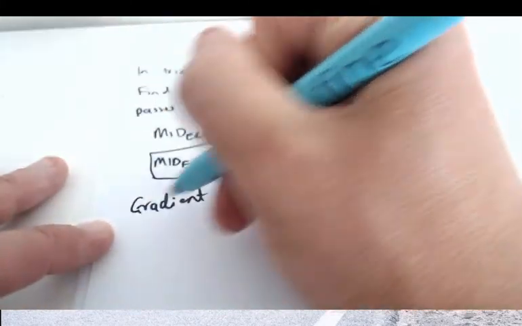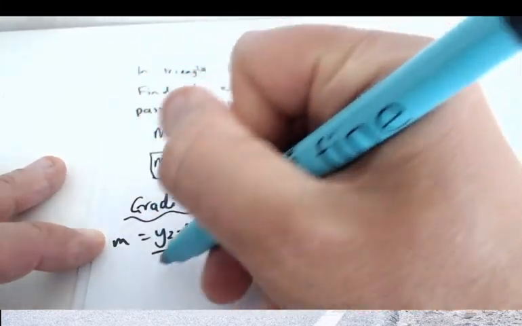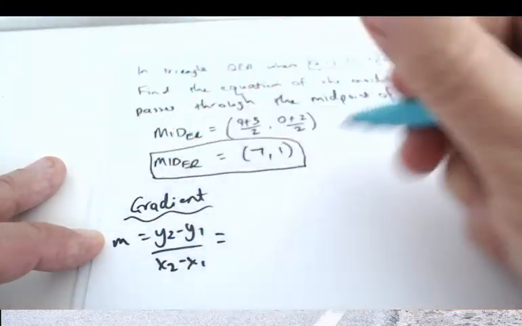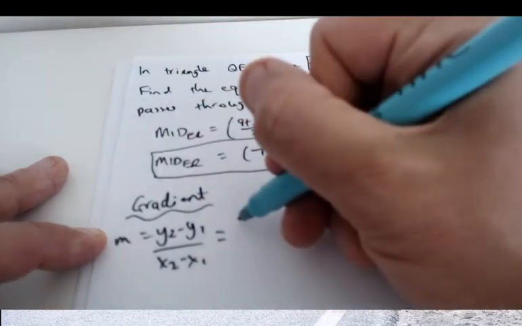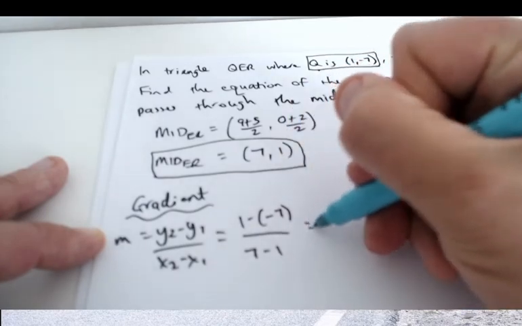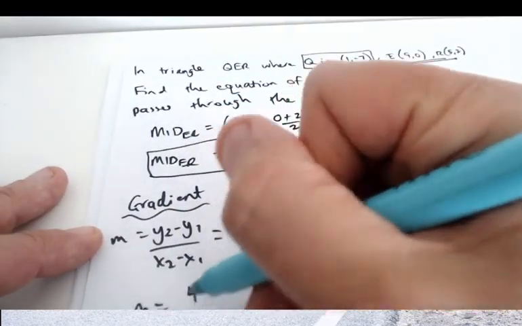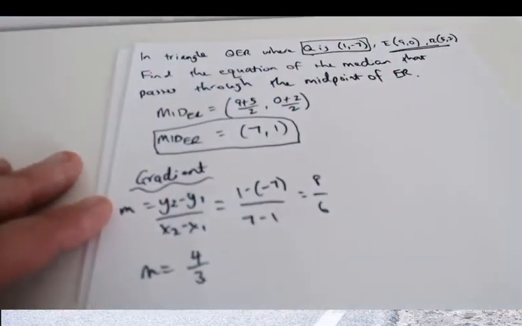So gradient formula, fill in the information, 1 take away negative 7, 7 take away 1, that's going to give me 8 over 6, which will give me, for my gradient, simplified down, 4 over 3.